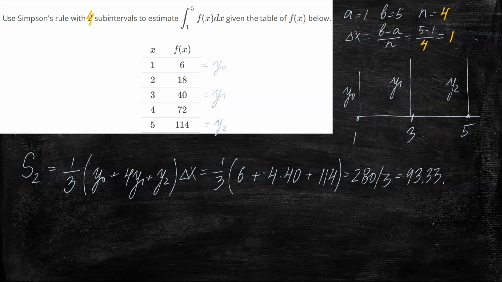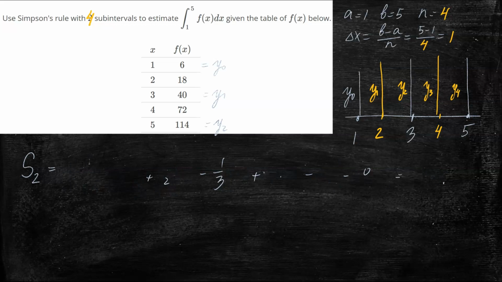That means now we're going to have more intervals. So now we're going to have intervals like this, and we're going to have y0, y1, y2, y3, and y4 over here. And to find the S4, we would use the formula.